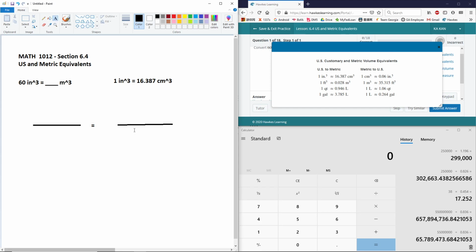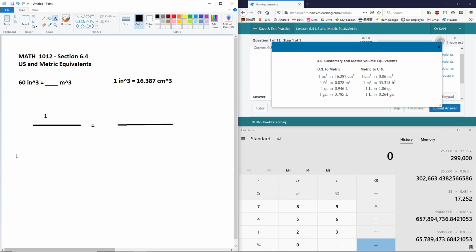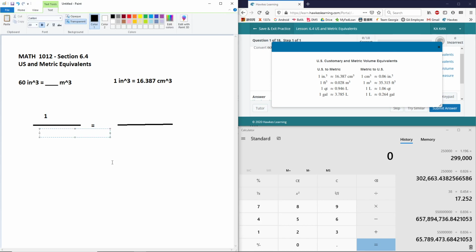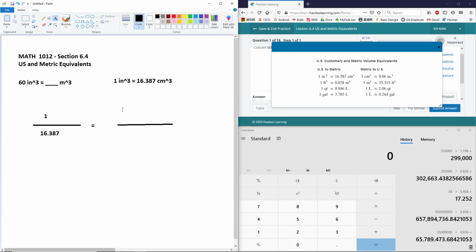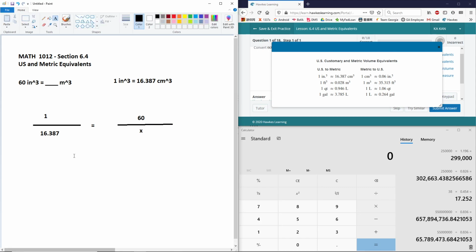On the left-hand side, we have 1 cubic inch, and that's equivalent to 16.387 cubic centimeters. On the right-hand side, I have to match up the numbers. I have 60 cubic inches, so there'll be 60 on the top. I do not know the bottom, that's what I'm looking for.